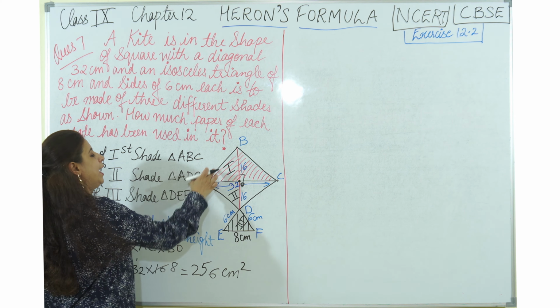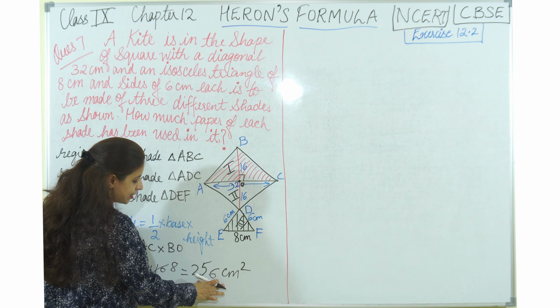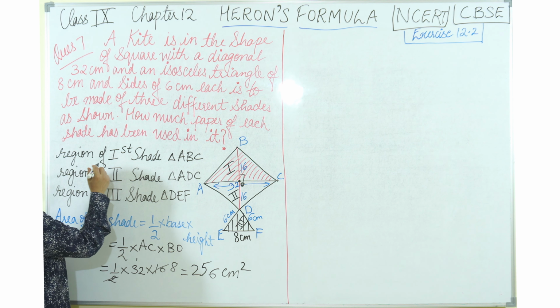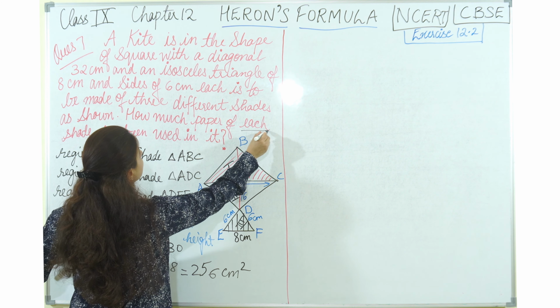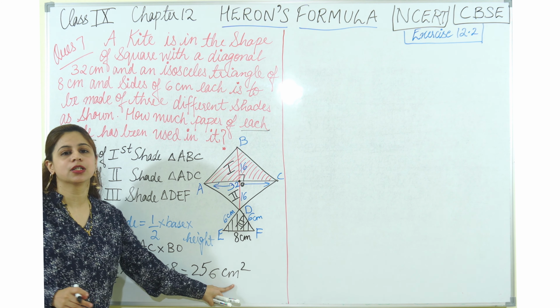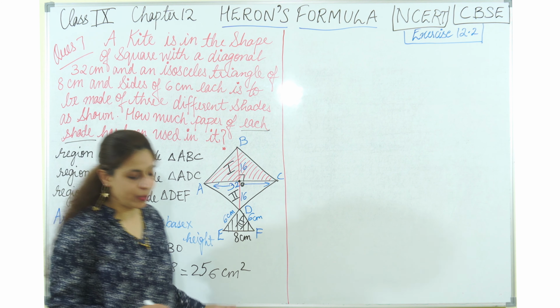So for the first shade, 256 centimeter square paper will be required because in the question they have asked how much paper of each shade.